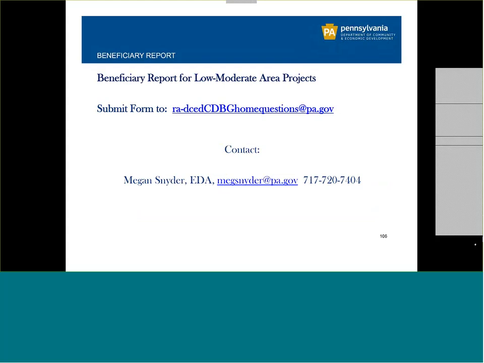We do have a question: our survey income forms do not ask if they are very low or low moderate. It simply asks if they are above or below the income limit for that household size. How are we supposed to know if they are very low or low moderate?